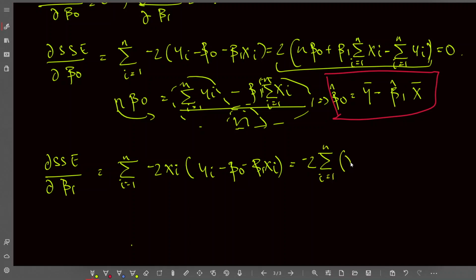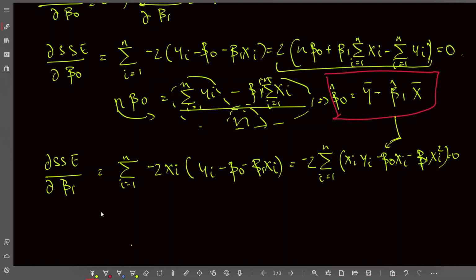Watch this carefully: x_i y_i minus beta naught x_i minus beta 1 x_i squared, not the whole square, equal to 0. My handwriting is a little bad on this, the notepad is very slippery, but I hope you can understand this. What I've done is I've just brought the x inside and multiplied everything. Over here in this beta naught, I'm going to substitute the value of beta naught from here.